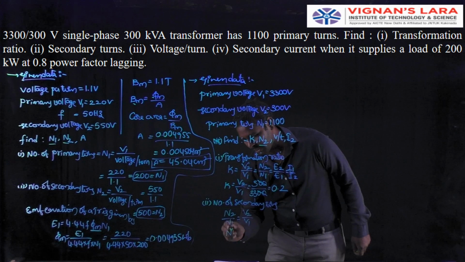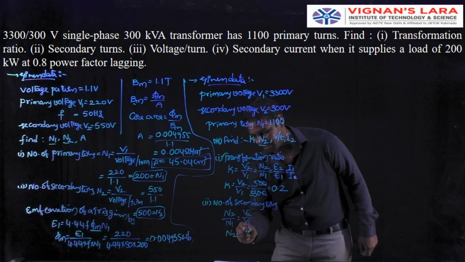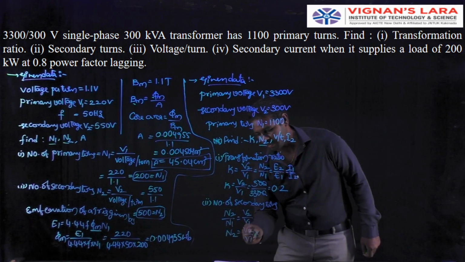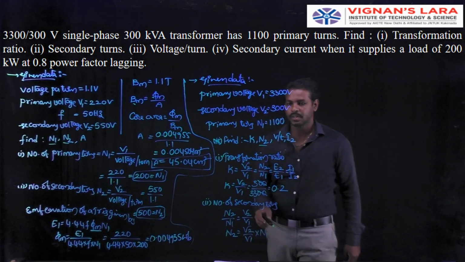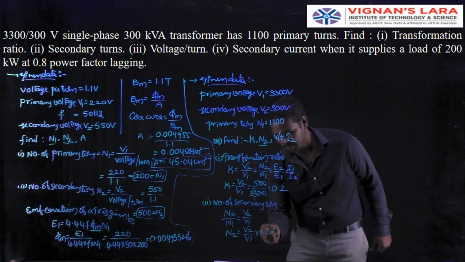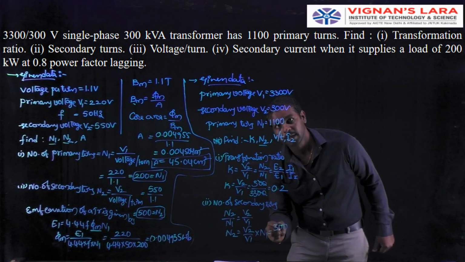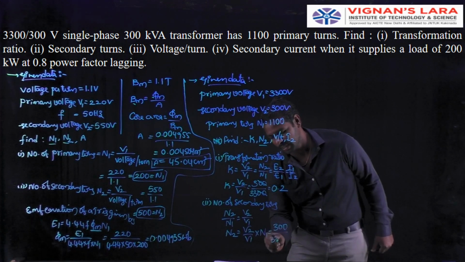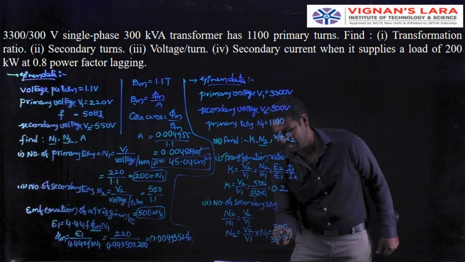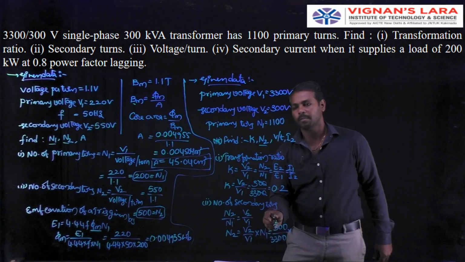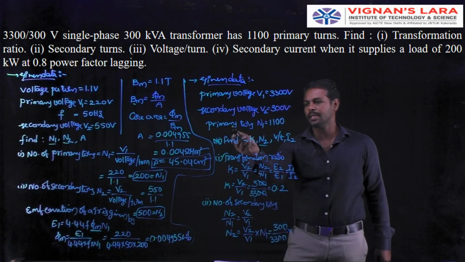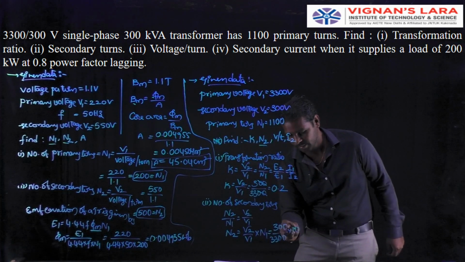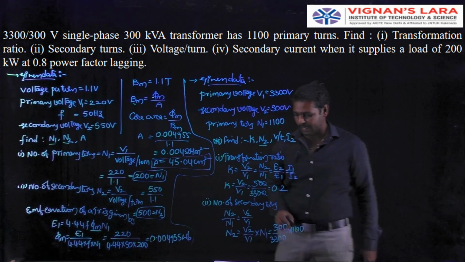So N2 is equal to V2 by V1 multiplied with N1. So V2 by V1 is equal to 300 divided by 3300, multiplied with N1, N1 is equal to 1100.